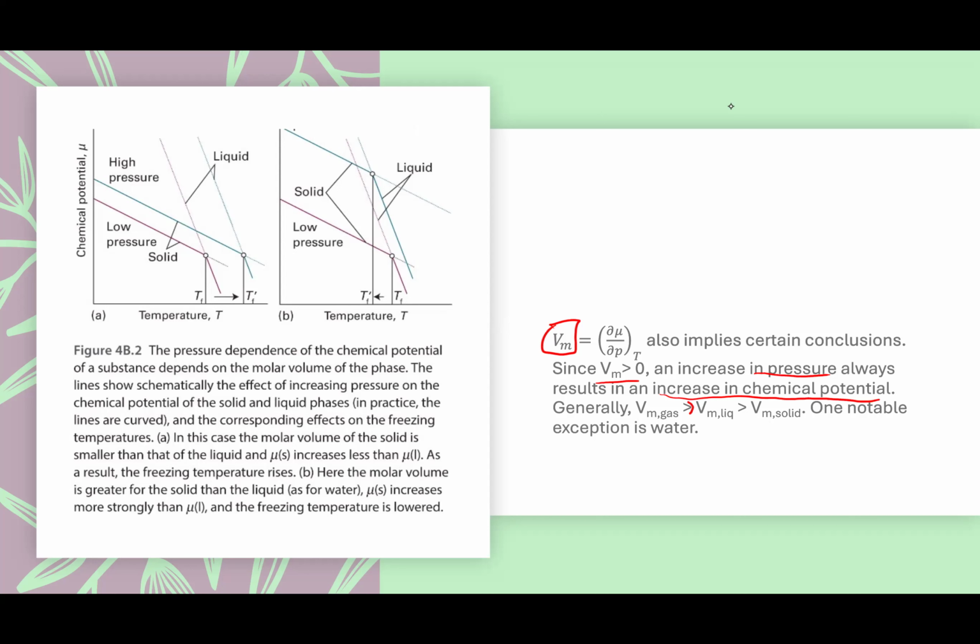As we go from low pressure to high pressure, we see a certain change in the freezing point. Our transition for freezing or fusion is where the solid and the liquid phase meet.